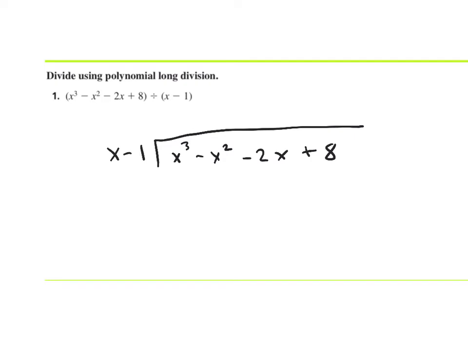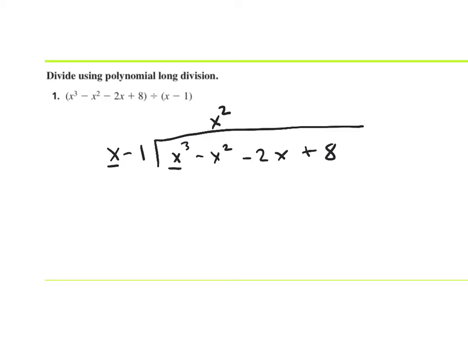Nope, so we're good. And then the x minus 1 goes out front. So we need to see what times x gives us x cubed. X squared, and we're going to put that x squared right on top of our x squared term.